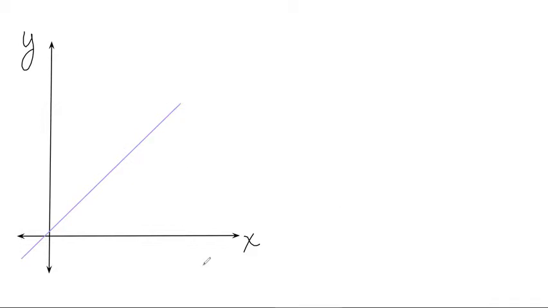In other words, if we have a point right here and a point right here, let's label the coordinates x1, y1, and x2, y2. The slope of this line would just be the change in the y direction, which would just be y2 minus y1 over x2 minus x1.